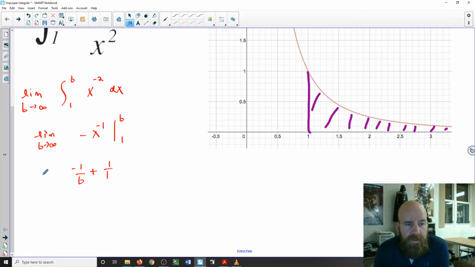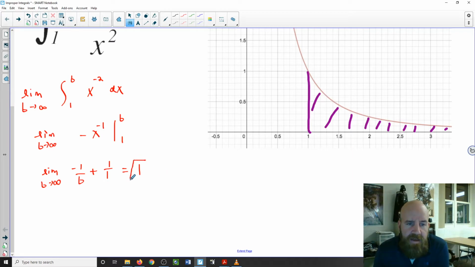So if we run the limit of our answer, as b approaches infinity, that first fraction, negative 1 over infinity, a really, really big number on the bottom, means we're approaching 0. So the answer is going to be 1.